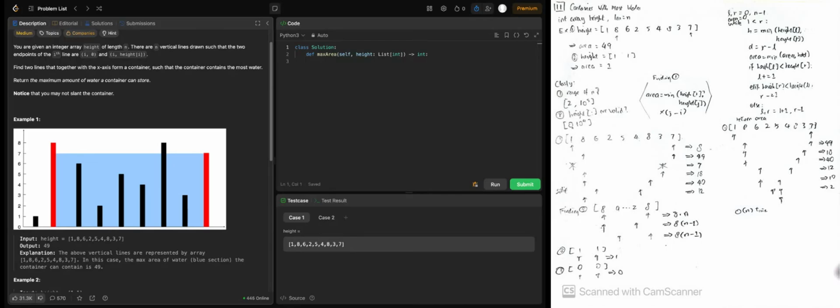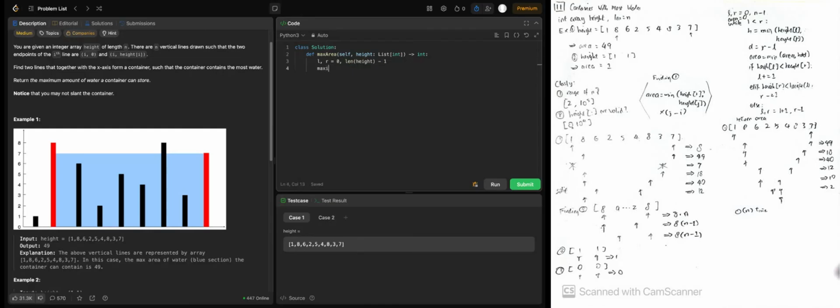Okay, so I think this should work. Let's try to implement it. Left and right equals 0, comma n minus 1.